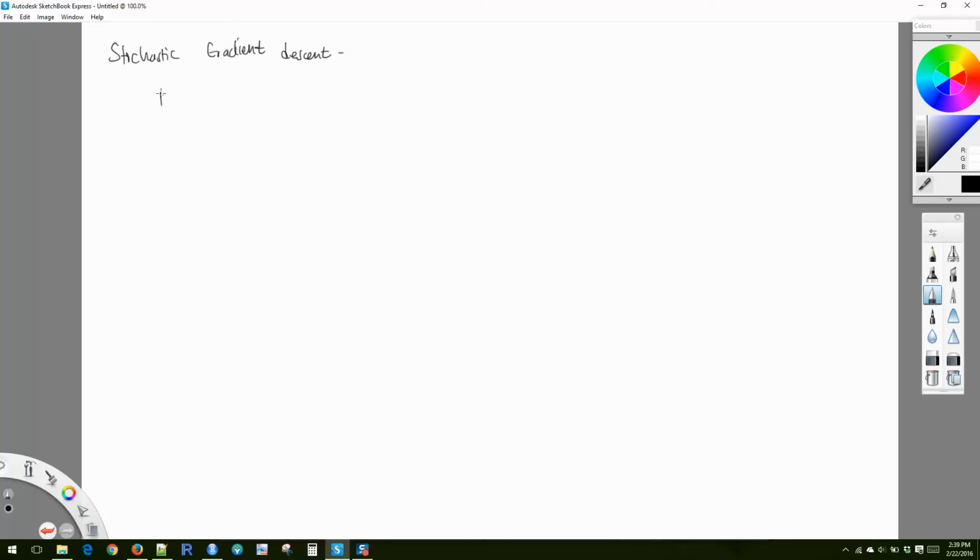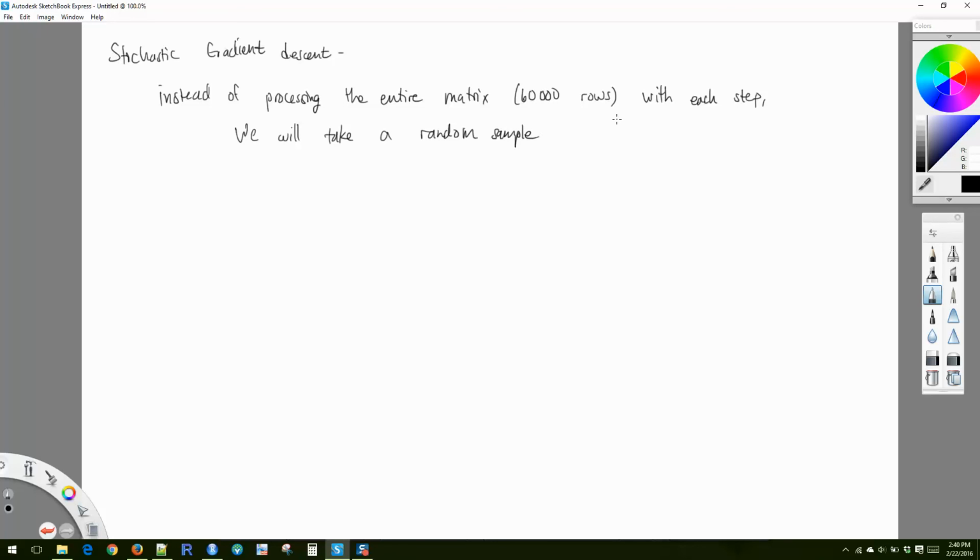So instead of processing the entire matrix of 60,000 images, or 60,000 rows, with each step, we're going to randomly sample a small selection.